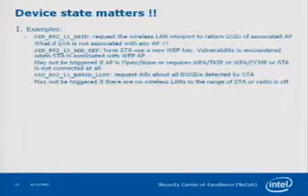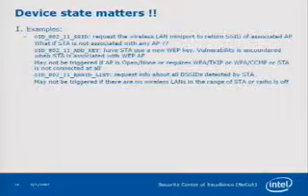OID 802.11 BSSID list. This object identifier is used to request from the miniport driver, the wireless LAN driver, information about all BSSIDs detected by the station. Actually, it's not just BSSIDs, MAC addresses, but a whole bunch of information about all the WLANs discovered by the station.